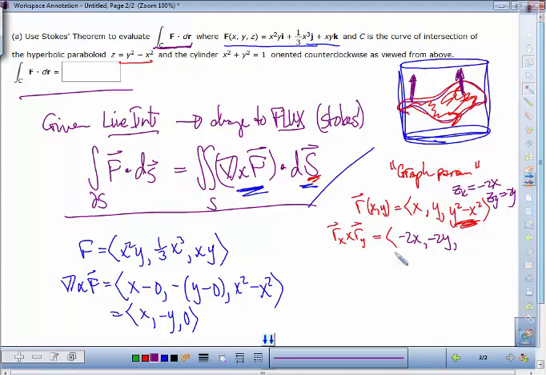It used to be negative 1, but then we crossed it differently now, so it's positive 1. Not this capital F, but this function f. So if we pretend that this is our function f of x, y, and we're working strictly with the surface here, then this is fx, negative fy, and positive 1.